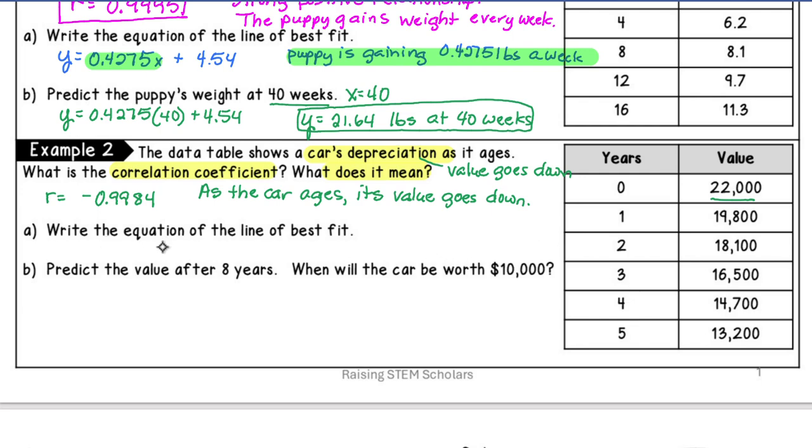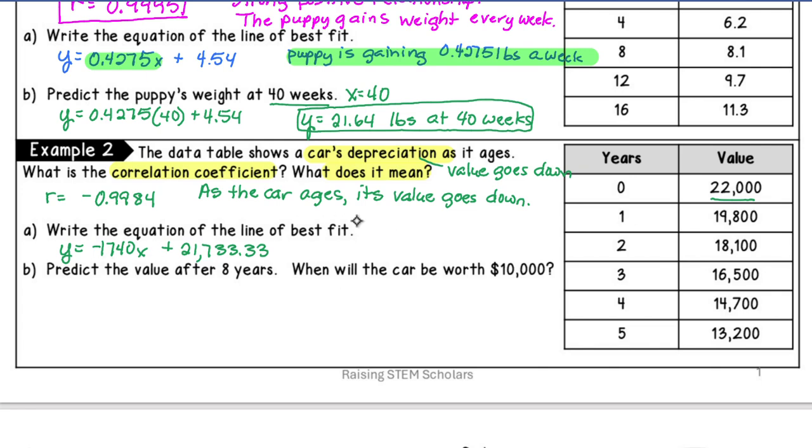All right, so the equation of the line of best fit we wrote was y equals what? Negative 1740. So that's my slope. And then my y-intercept is 21,733.3.